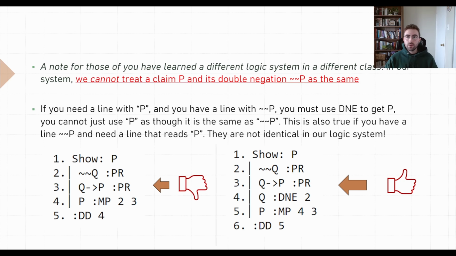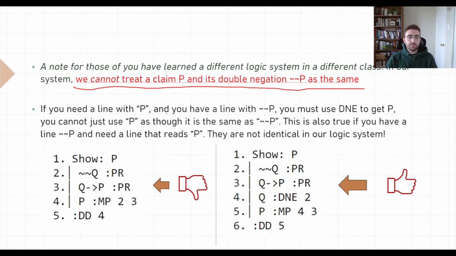All right, so those are our negation rules. I see my video is cutting off the text there a little bit, but this is just a note for those of you who have maybe learned logic in a different class. If you've never learned logic before, ignore this because this won't be a problem for you. But if you've learned a derivation system in a different class, please pay attention to this. In our system, we can't treat a claim P and its double negation not not P as the same.